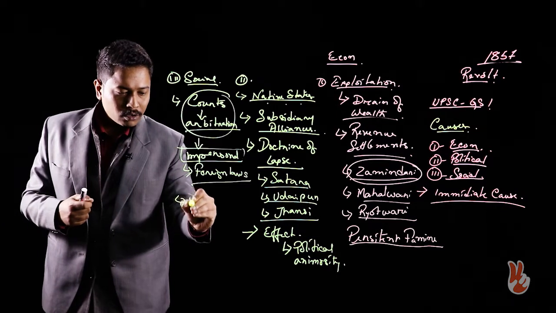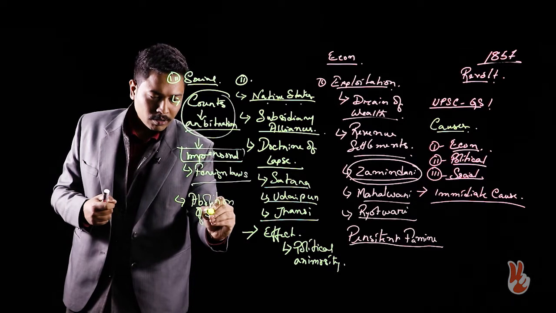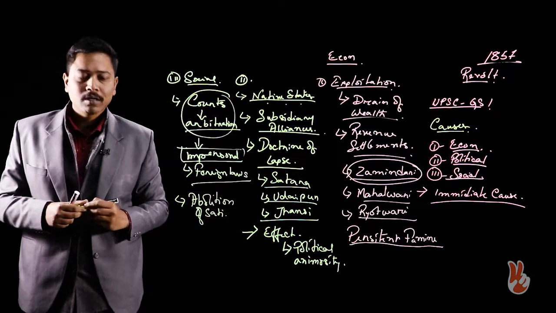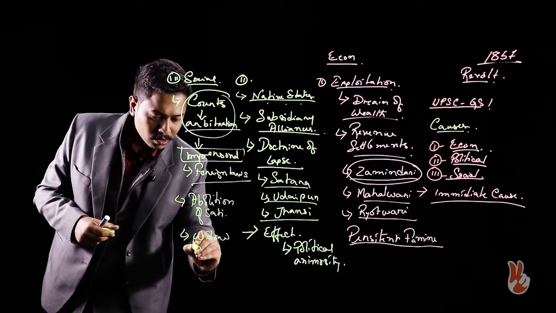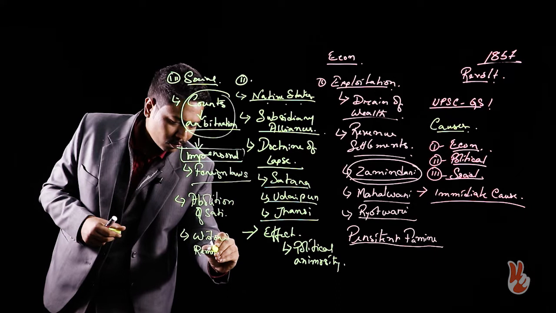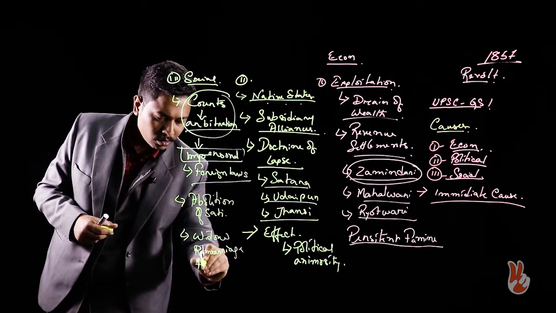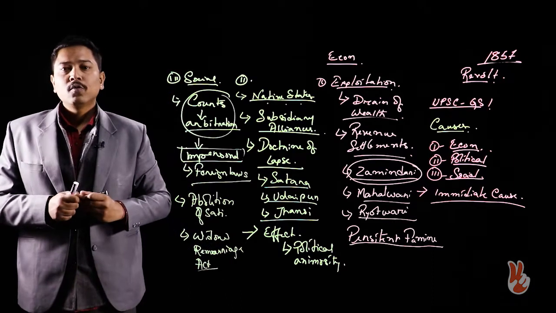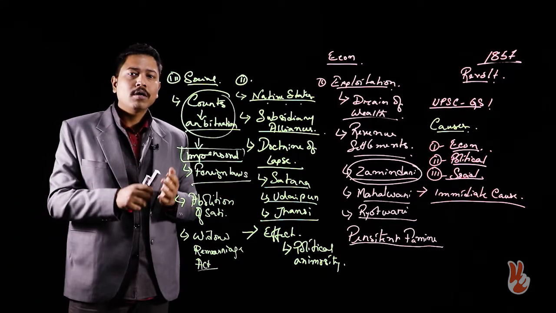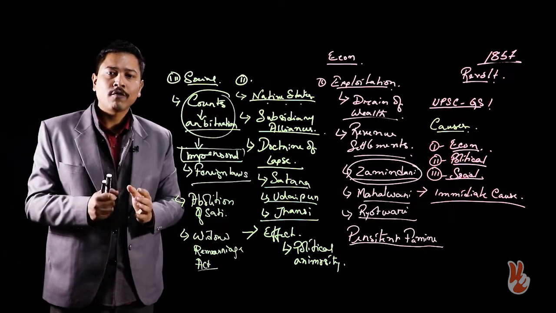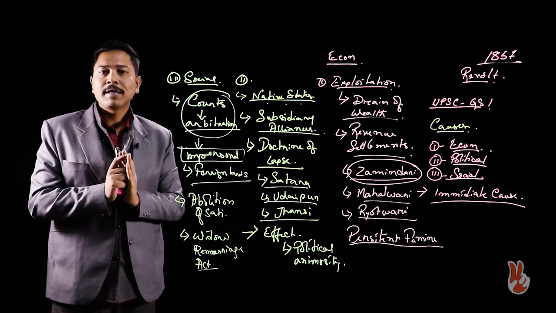Things like the abolition of sati, things like the Widow Remarriage Act. Now, these were merely the reforming zeal of the British East India Company and its officers, and the imposition of this reforming zeal over the native population.